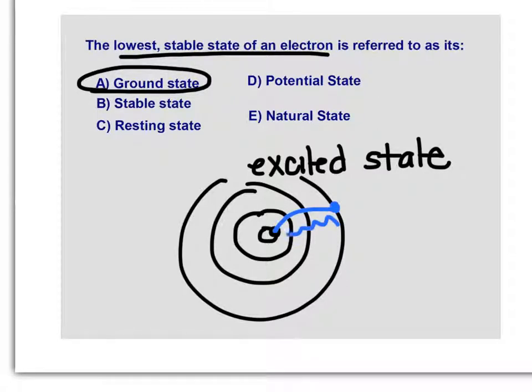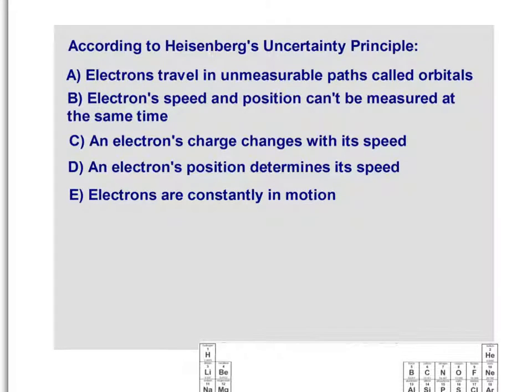Then when it comes back down, that's when it's going to release the energy, and that was the whole idea of the bands of light that we saw, when the electron comes back down to ground state from its excited state.